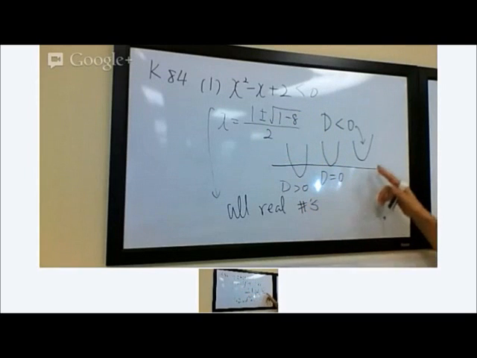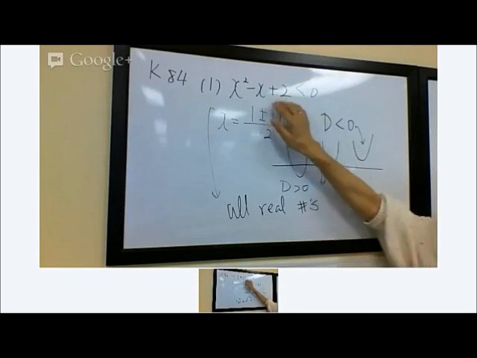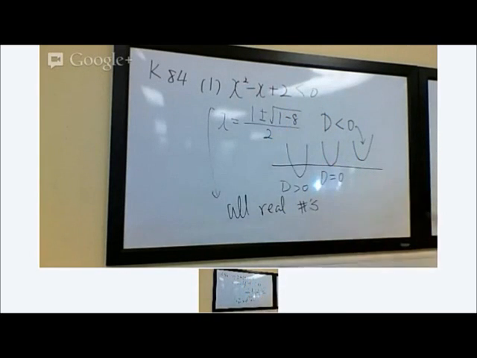In this situation the graph is always above the x-axis, so this value never gets less than 0, which means we cannot find the answer. That's why there are no solutions. It says all real numbers if greater than 0.